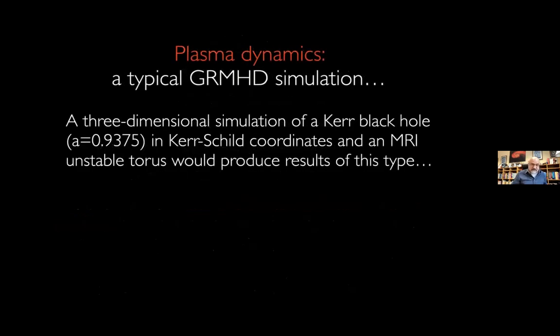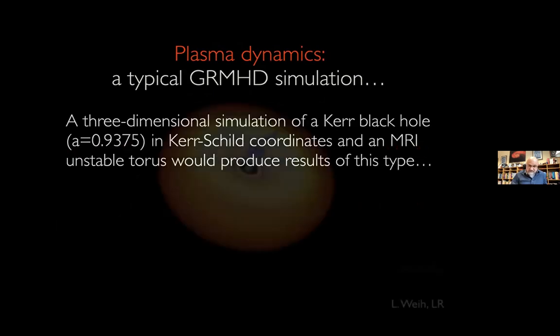If you want to see the result of the first step, let me show you a typical GRMHD simulation. This is a curved black hole, highly spinning, and I'm using curved-field coordinates, a magnetorotationally unstable torus, so that we can trigger accretion.